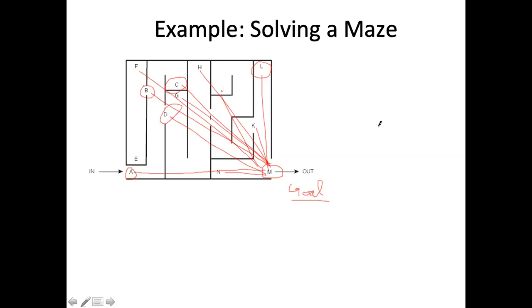So this would be considered as the H cost. Okay, so this straight line distance would be considered as the H cost.